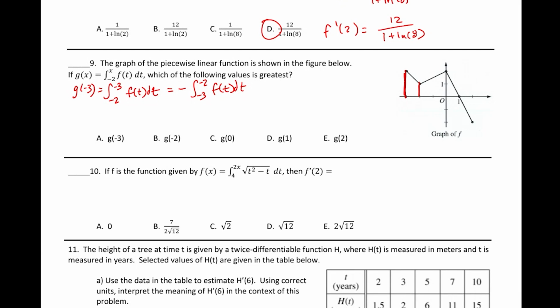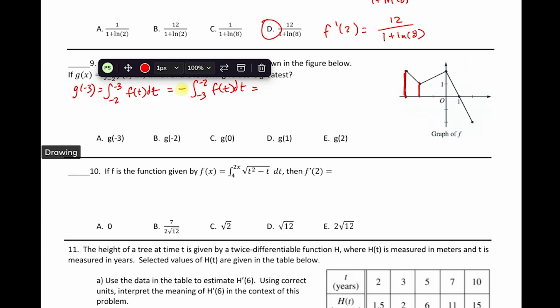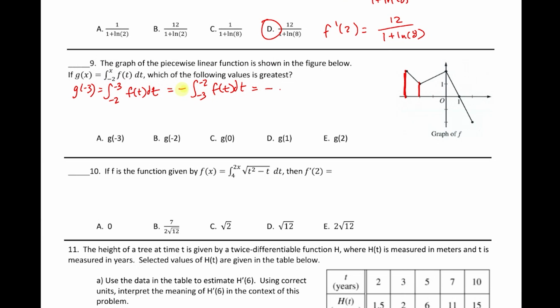It looks like we have a trapezoid. So that's going to be, and I'm going to carry this negative along with it, this one right here, negative, and then let's find that area. So the base is 1, and then the height is going to be the average of those two heights, which is going to be 1 and 2, so it's going to be 1.5.